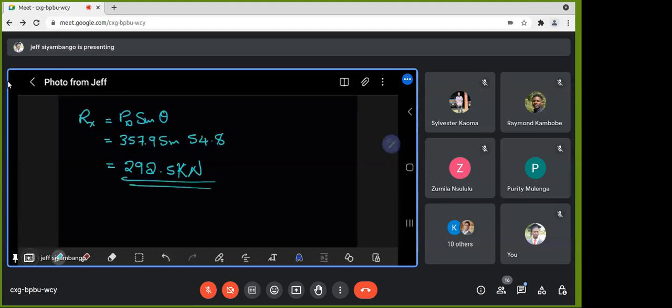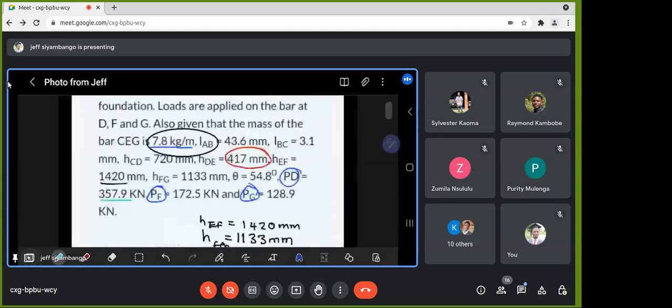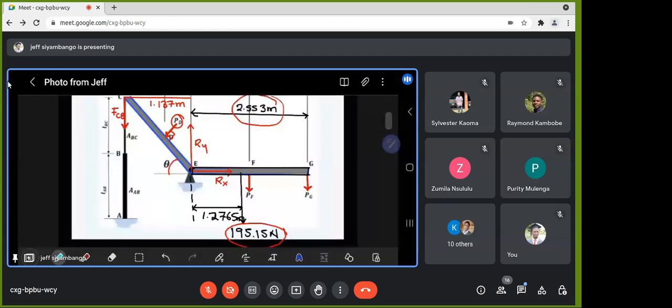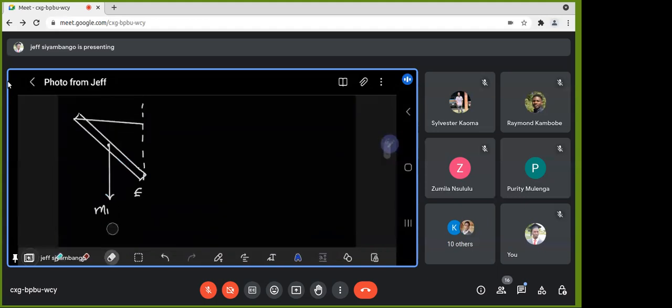Why are we using this angle? Well, let's go back to the question. Firstly, this is the one given here, 54.8. Then next, we showed through a series of lines that was the angle that related to what we are interested in. Let me just go through that one more time.